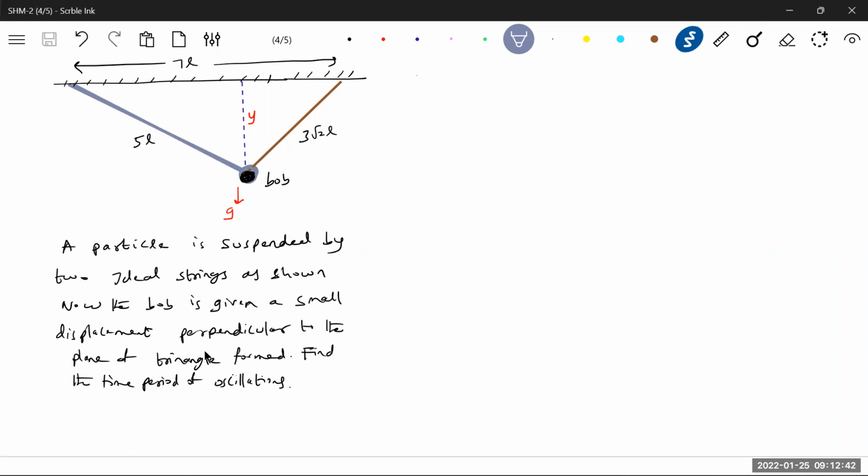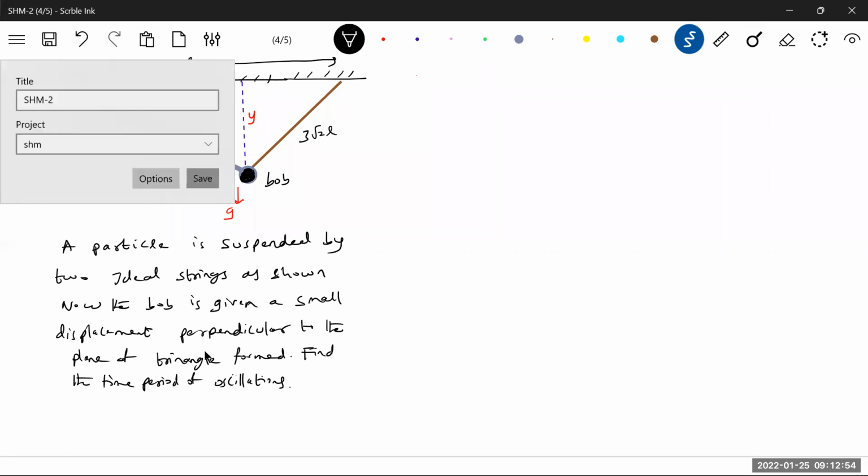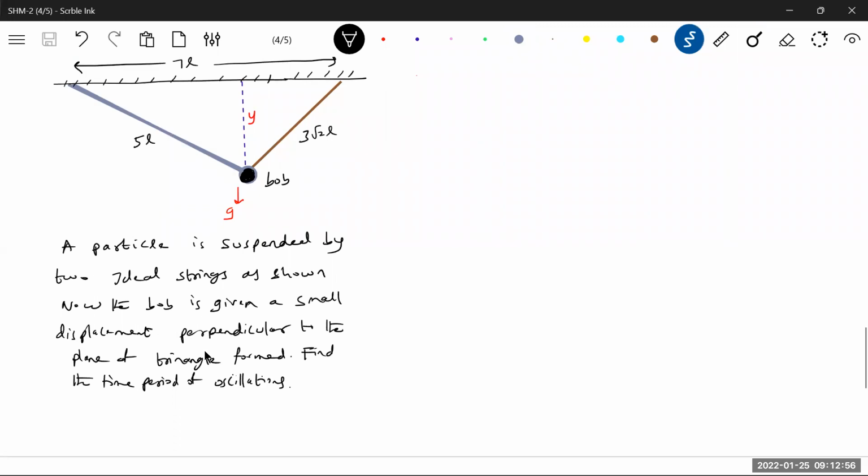Carry on now. So I think that calculation of y is something very important. How to get this one? Let me call this x2, this x1.